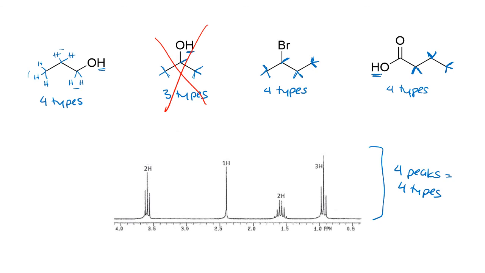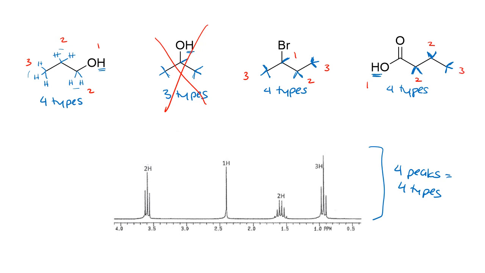Okay, next, let's go ahead and look at the integration or the relative number of hydrogens in each type. So for our first molecule, we have 1 hydrogen, 2, 2, and 3. For our third, we have 3, 1, 2, and 3. And for our fourth structure, we have 1, 2, 2, and 3.